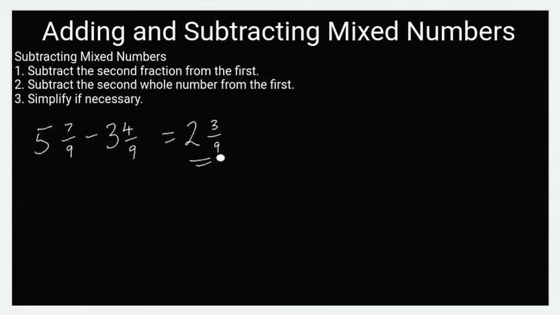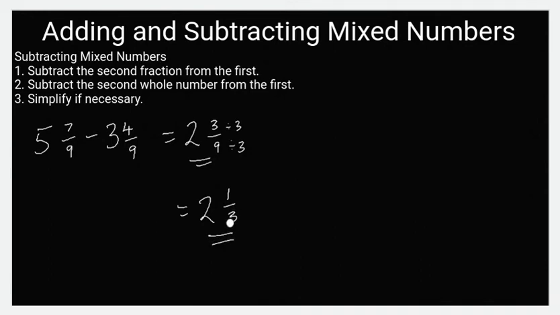It's correct, but it's wise to leave your answer in the simplest form. You can divide the numerator and the denominator by 3 to have your simplest form. So this will give you 2 whole number 1 over 3 in its simplest form.